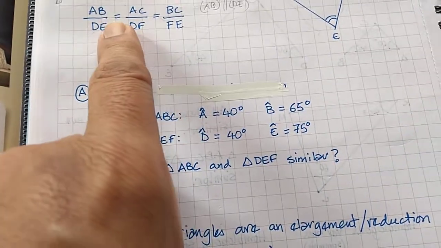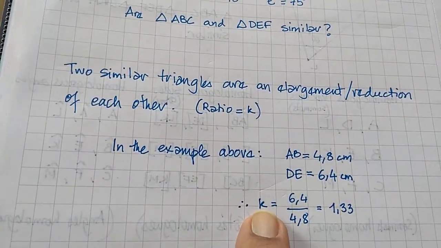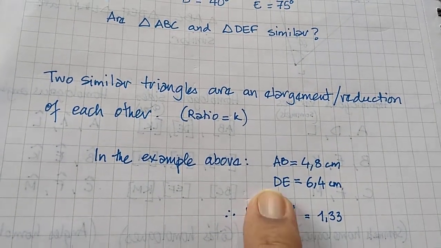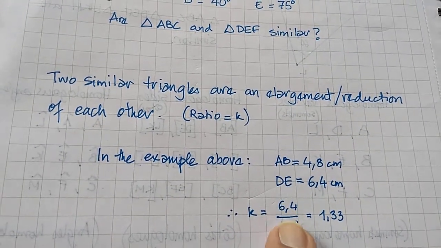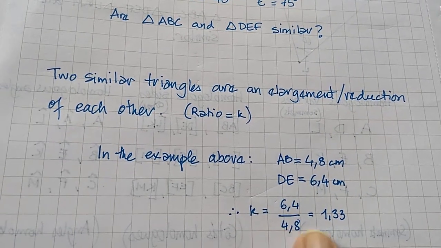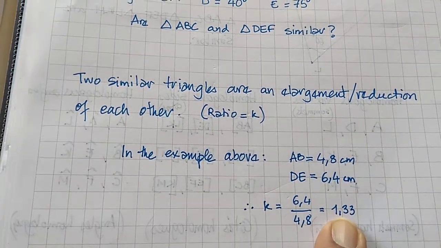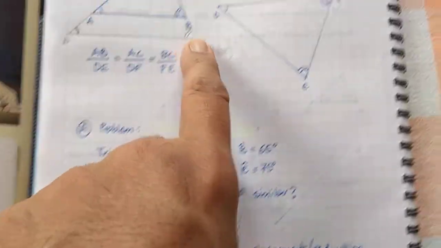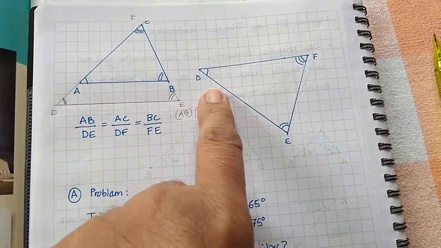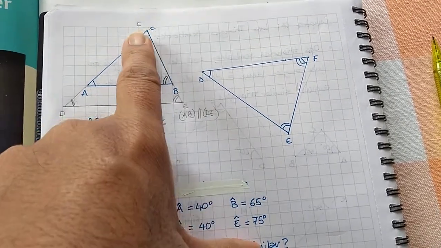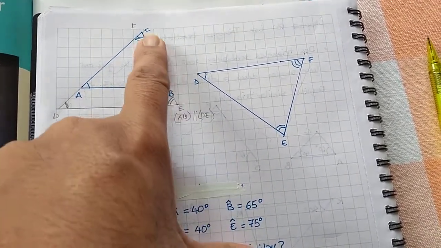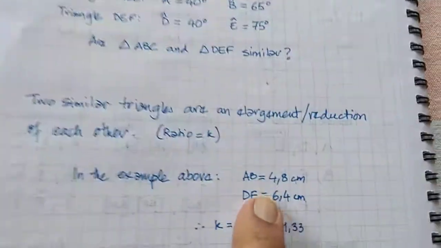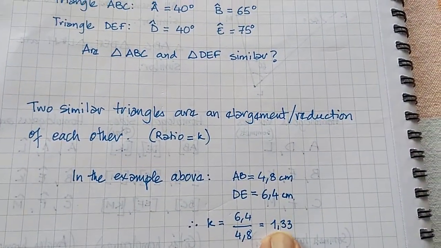So if I take this ratio, k equals DE over AB, I should have written DE over AB here before replacing the values, 6.4 over 4.8, then if I divide this in my calculator, I get 1.33. So DEF is 1.33 times the size of ABC, the ratio of enlargement k is 1.33.